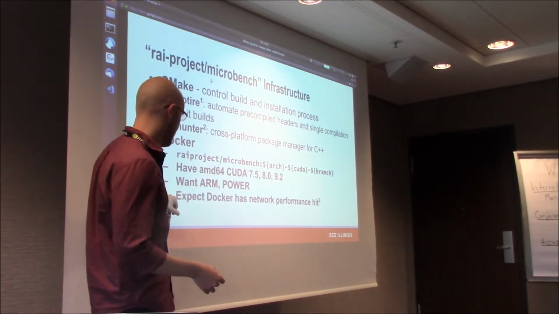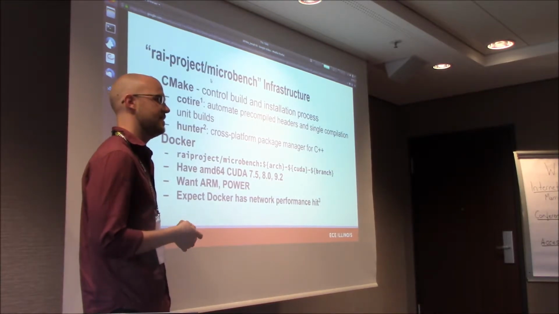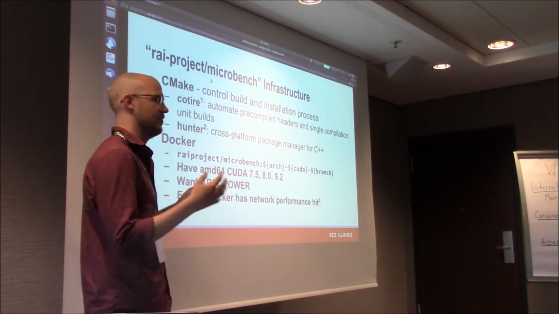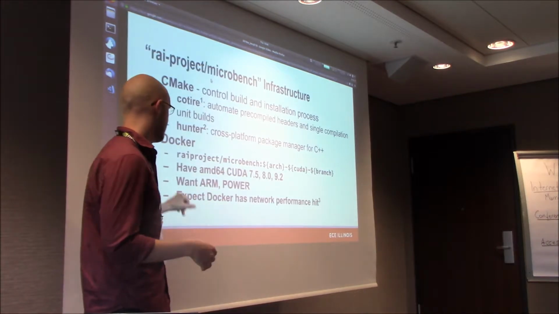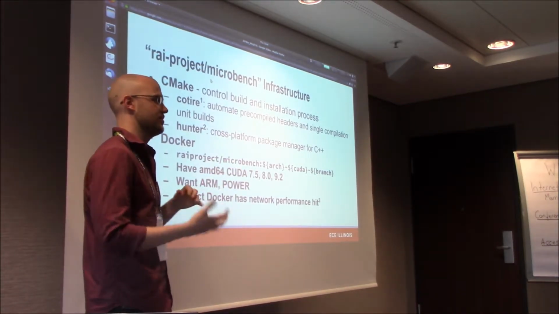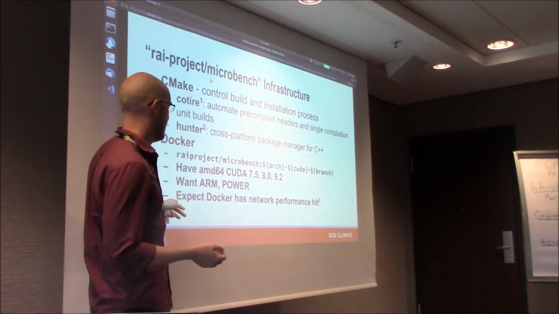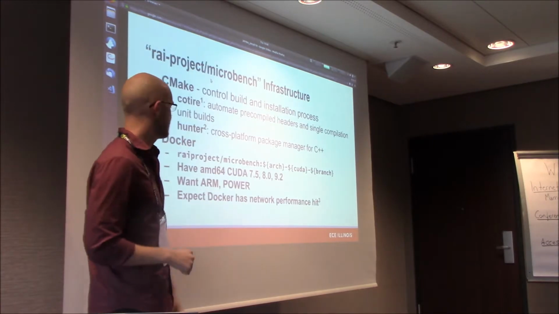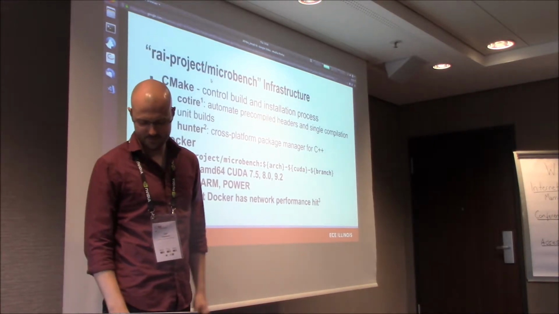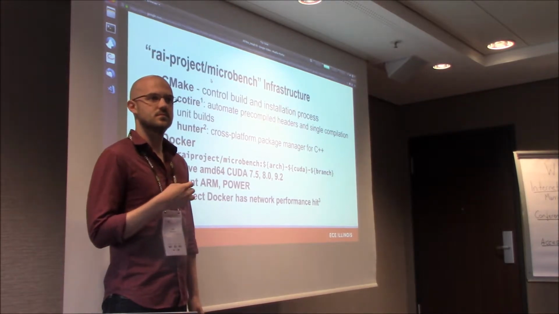And one caveat is that Docker should probably have a network performance penalty because it does some virtualized network address translation, but it shouldn't have a performance penalty for any of the in-node measurements I'm talking about today. So we're not exactly sure how to manage this problem yet. Maybe we'll just have to measure it and report it or something. Technically, you don't have to use virtual network, right?